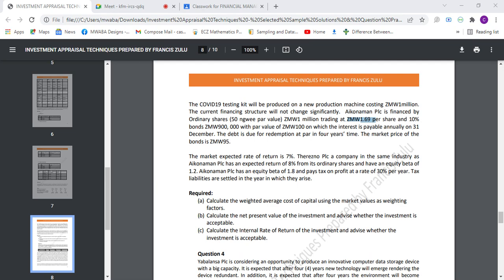The market values, we can put them in millions or thousands. I like to put them in millions, so we'll say ZMW millions.